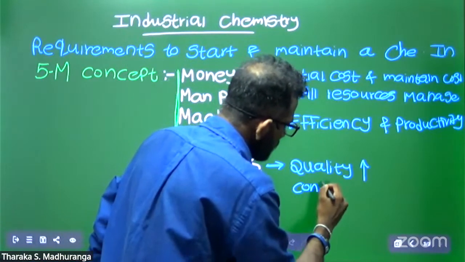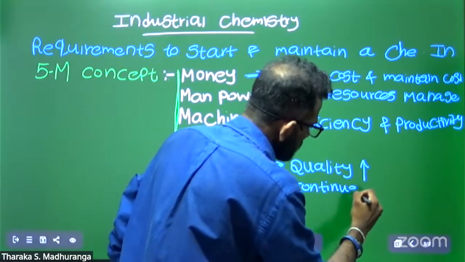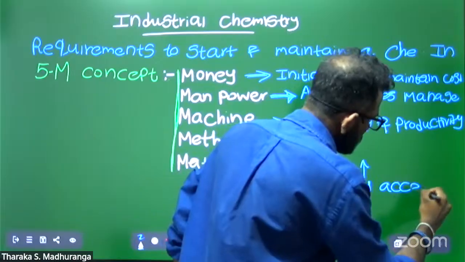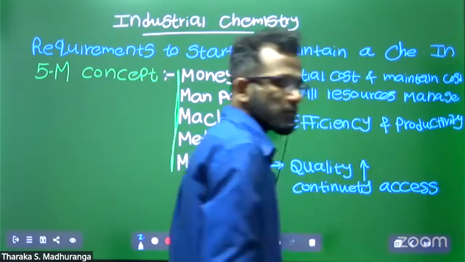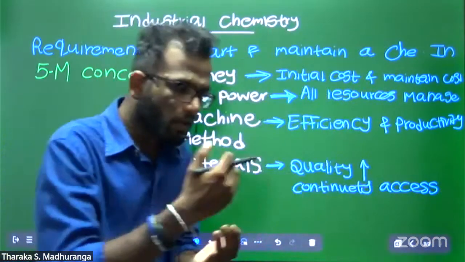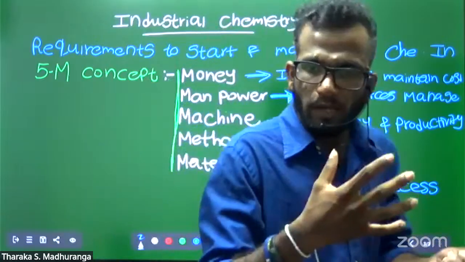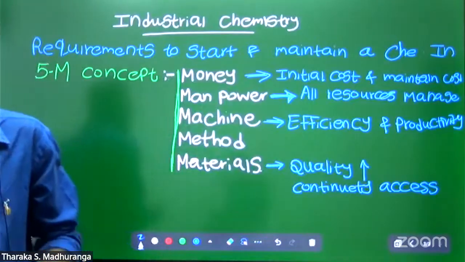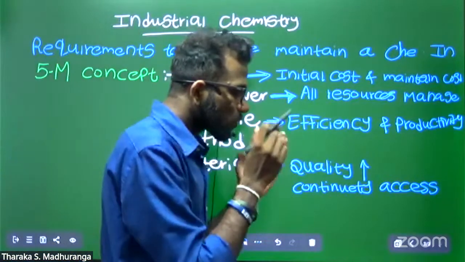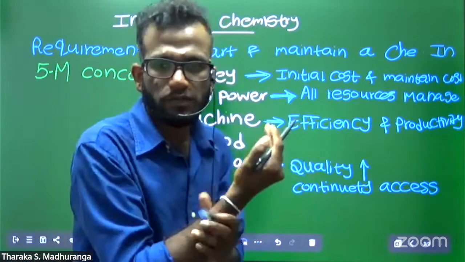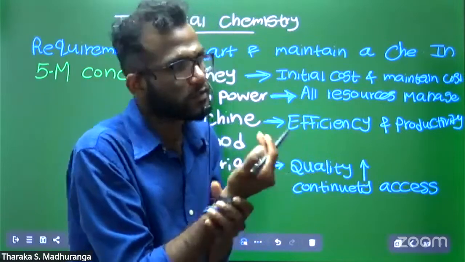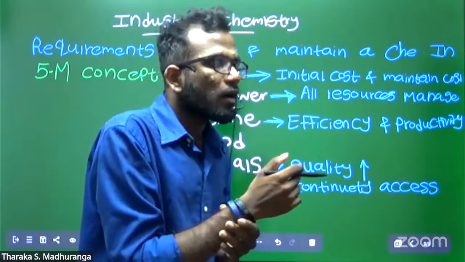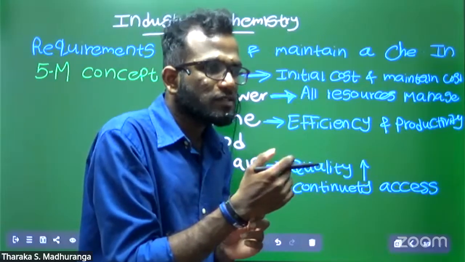Continuity of access means we have the ability to supply raw materials. The other thing is, we can get raw materials from a natural source, as an example in biodiesel production.